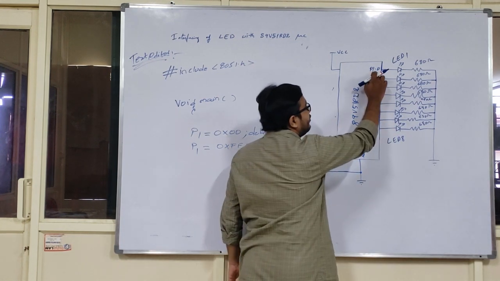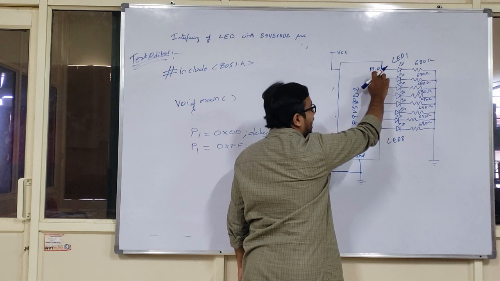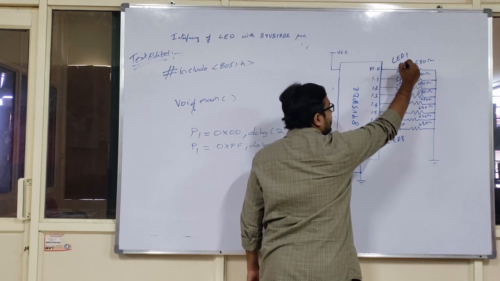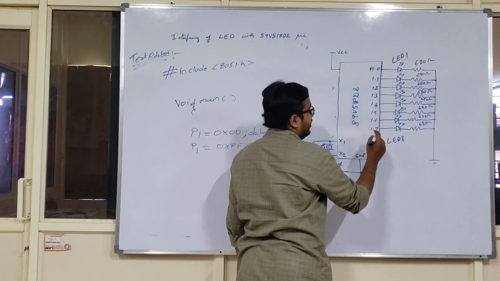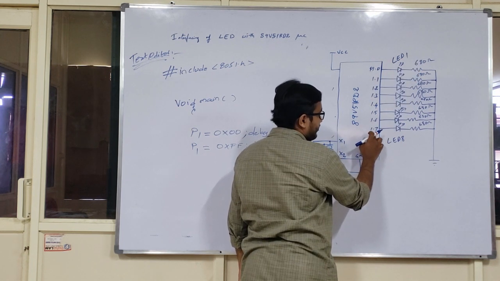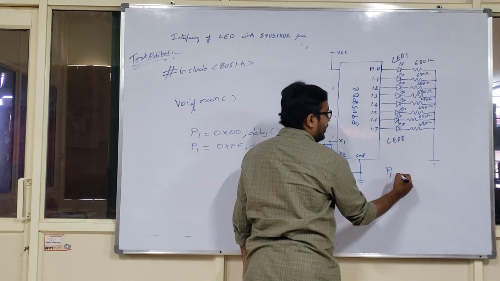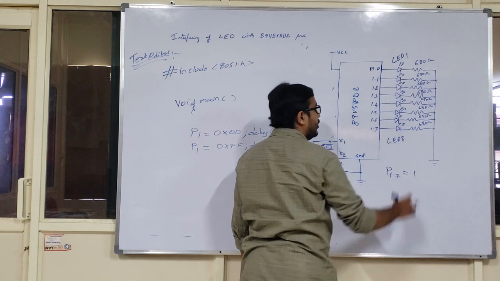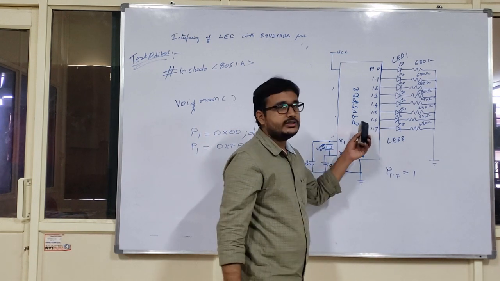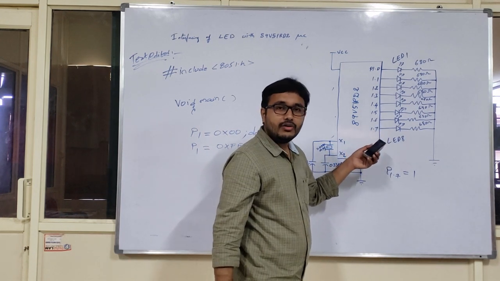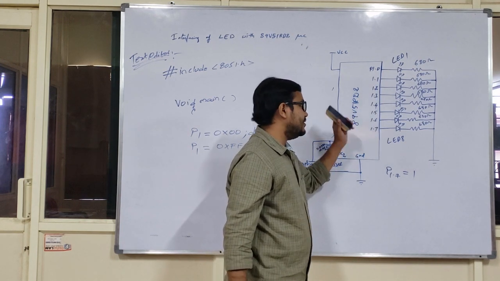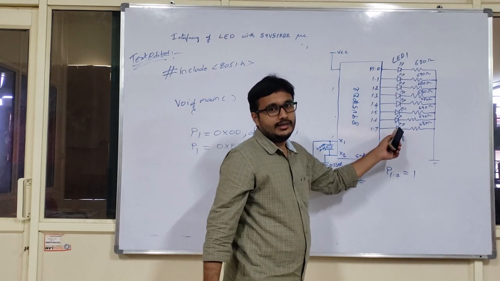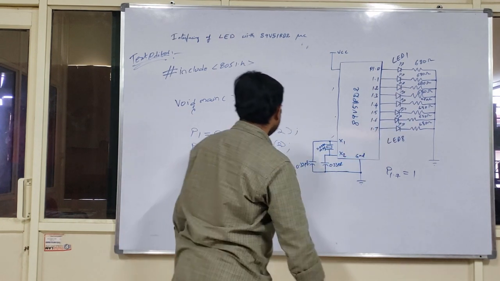Whenever your P1.0 pin has logic 1, immediately the lowest LED will give light. Similarly, whenever your P1.7 bit is logic 1, the corresponding eighth LED will give light. This proportionate action happens because port 1 of your 8051 microcontroller is hardware connected with your LEDs. That is the reason.